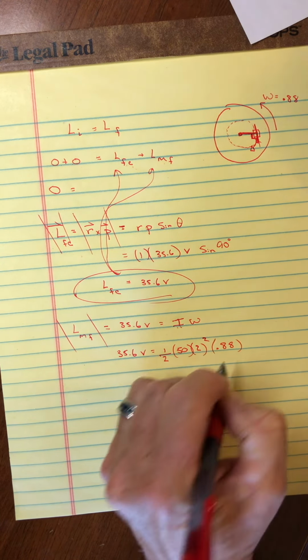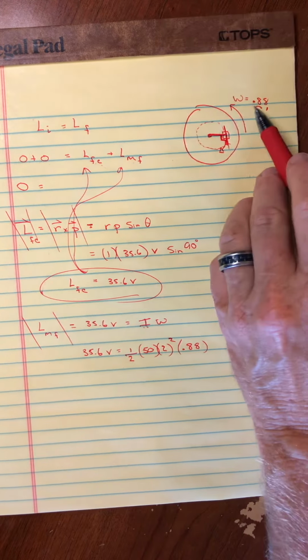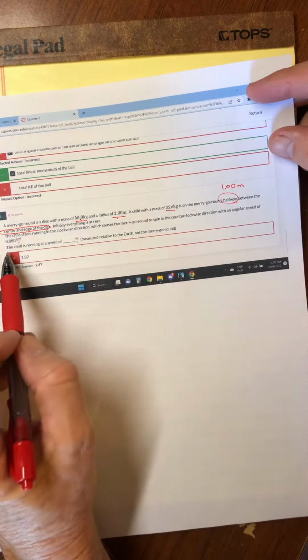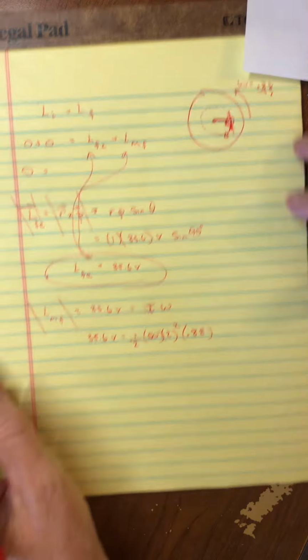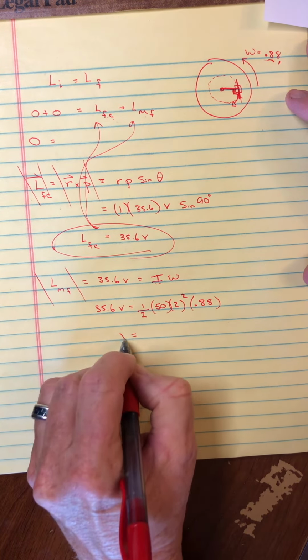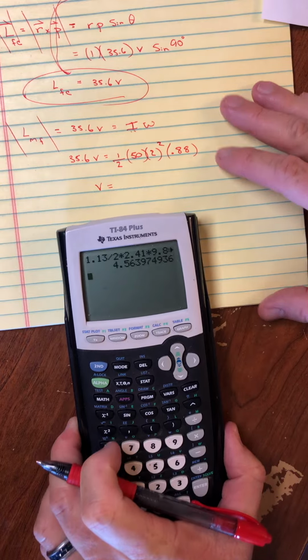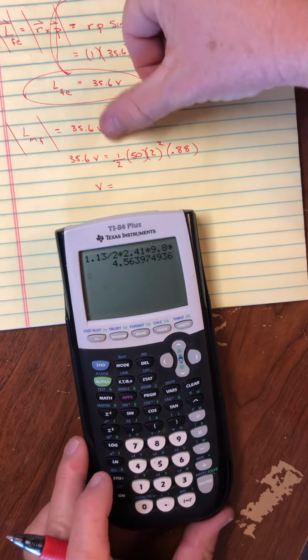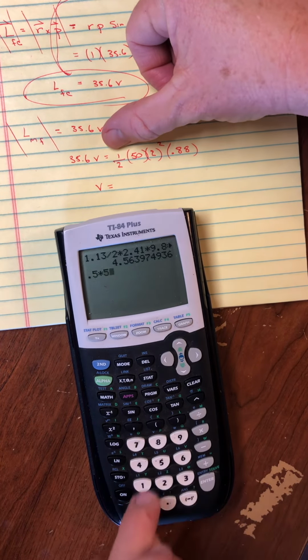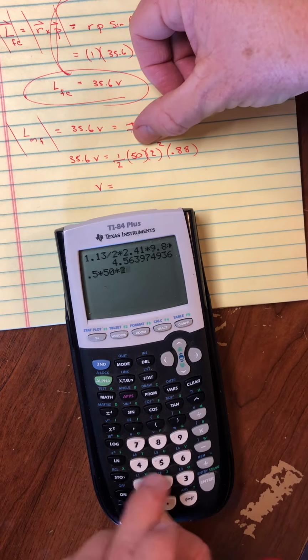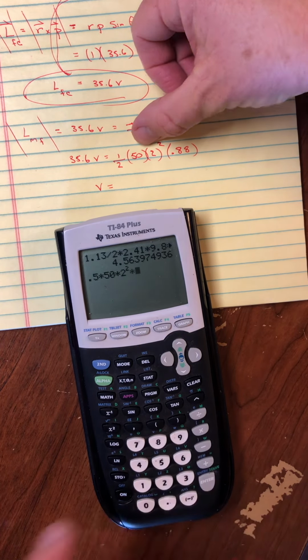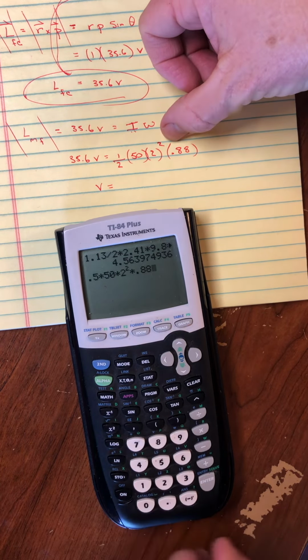And the angular speed, let me just double check that number, they said was 0.88. All right, so the unknown then is V. So 0.5 times 50 times 2 squared times 0.88.